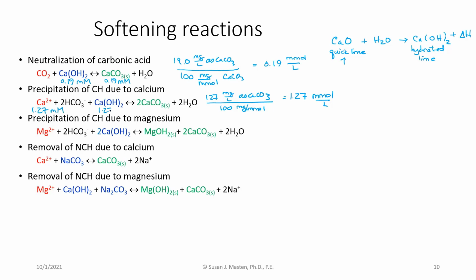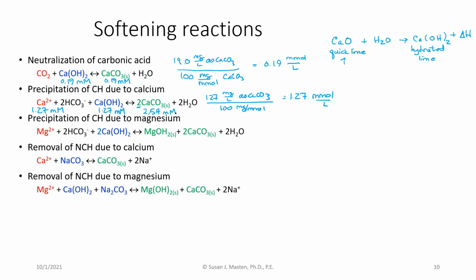We need 1.27 millimolar. And notice for every 1 mole of calcium we remove in hardness, we produce 2 moles of calcium carbonate sludge. So here, this is 2.54. So what you're going to do is basically bookkeeping.